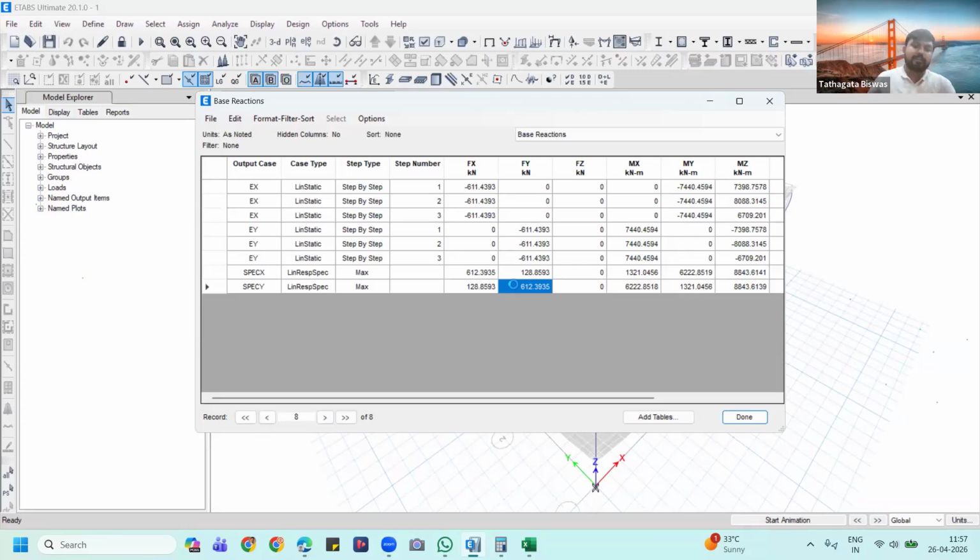We are taking the value from EX and EY, matching it with Spec X and Spec Y, adopting the distribution mechanism of Spec X and Spec Y, and following the design. This is the fundamental difference between static and dynamic linear analysis of earthquake as per the Indian code.